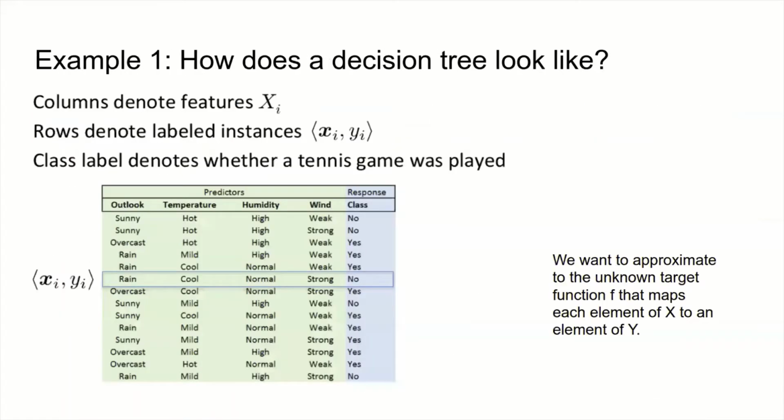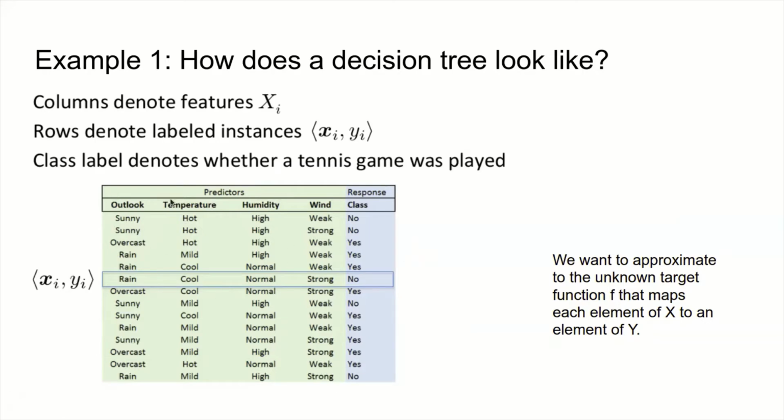So, for example, imagine that you have the task of predicting whether a tennis game was played given the following variables or features. The first one is the outlook. This variable is categorical, of course, because the possible values that it can take are sunny, overcast, and rain, that's 3 values. Temperature, which can only be hot, cool, or mild. Humidity, which can only be high or normal, and wind, which can be weak or strong.